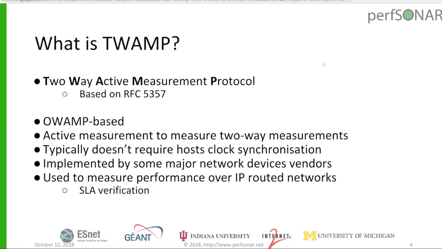But as you will see in the next part of our session, this can also be used with perfSONAR. And finally, since TWAMP is a layer 3 protocol, an IP routed network is required between the agent and the target device in order to be able to run TWAMP measurements.